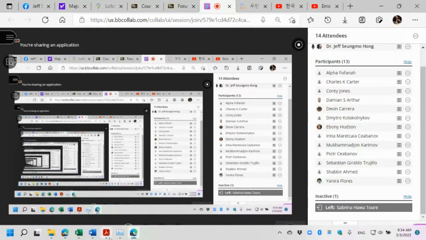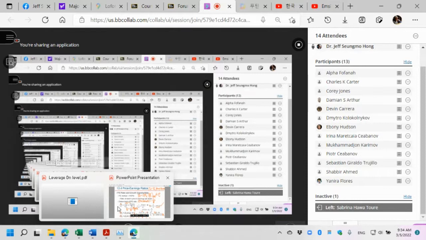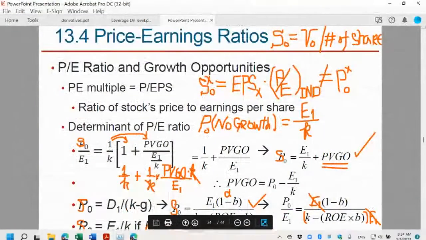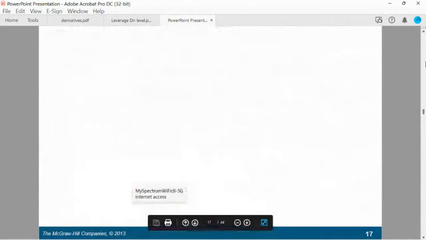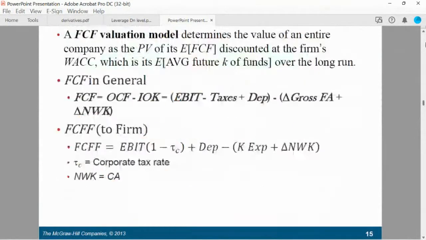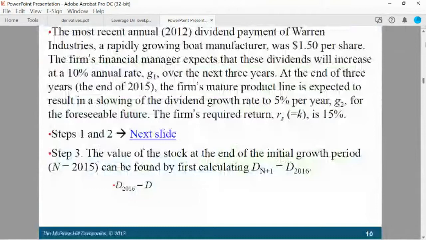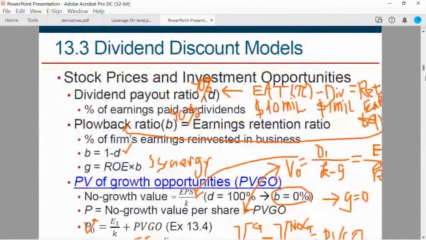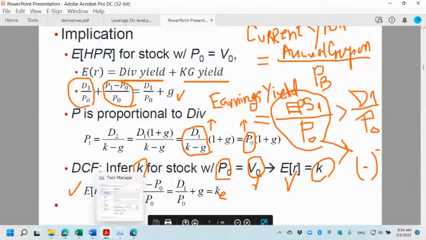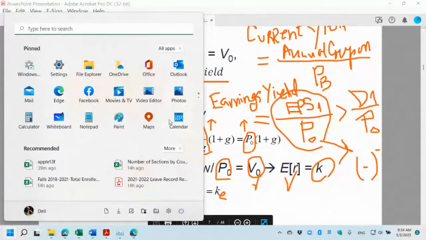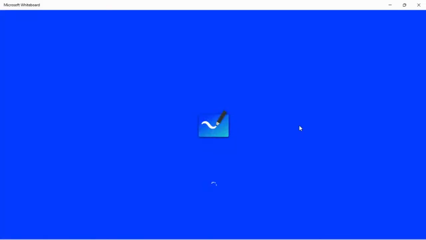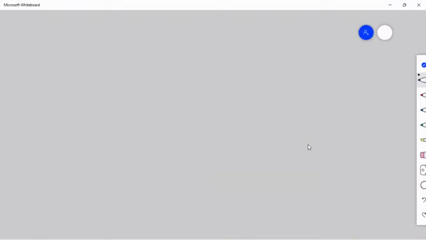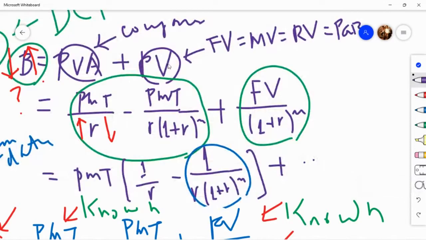All righty. So, let me pull up the slide. The slide is not where we left it off. I think we were... so I was talking about how... no, not this one.